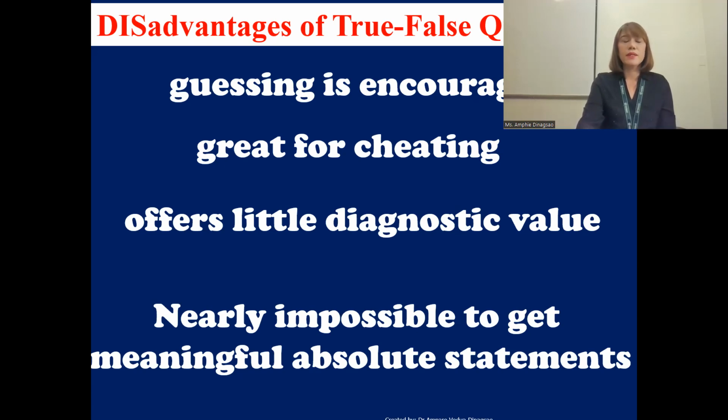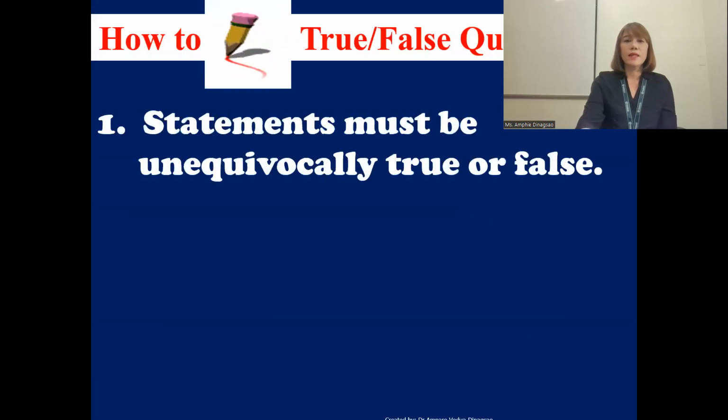And then of course, one of the challenges in constructing true or false tests is that it's kind of impossible to get really absolute statements. It's really true that it's absolutely false at all times. So those are some of the challenges.